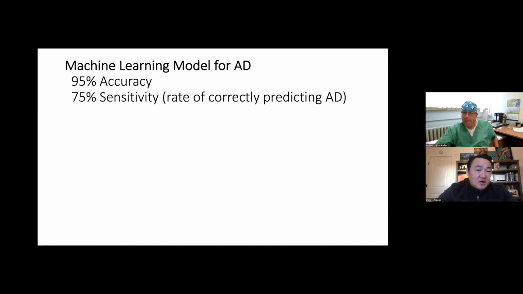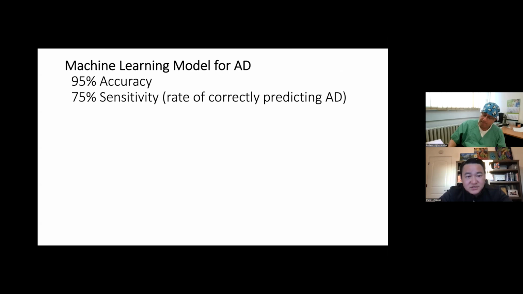So at this point, our machine learning model for Alzheimer's is 95% accurate, and it has a sensitivity of 75%. And sensitivity is how often we are correctly predicting Alzheimer's really is Alzheimer's, right? And so this number is significant because this is what the top papers in the field, this is their level of sensitivity, right? 75%.